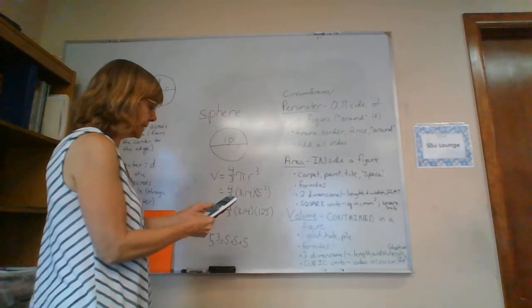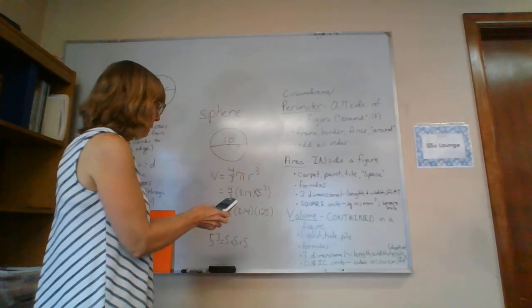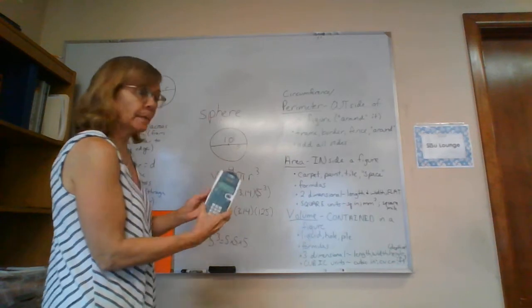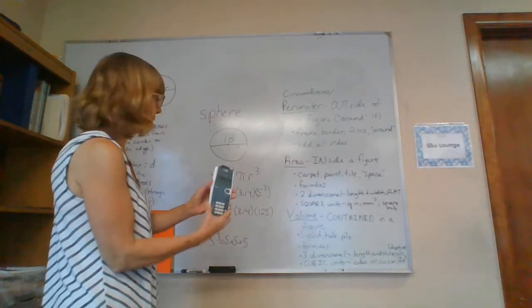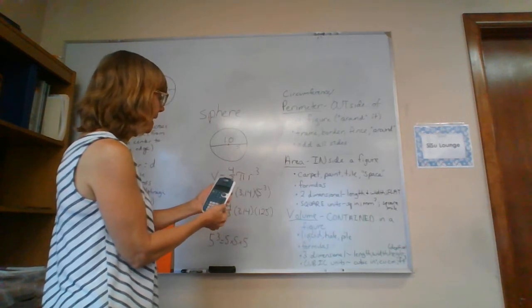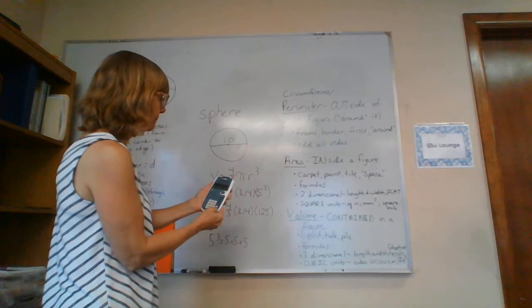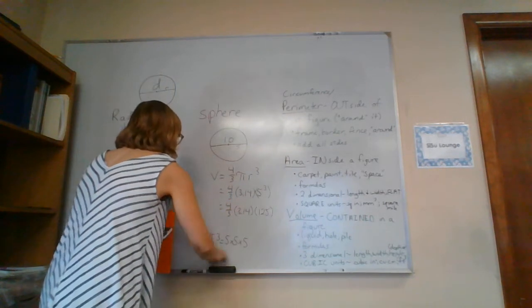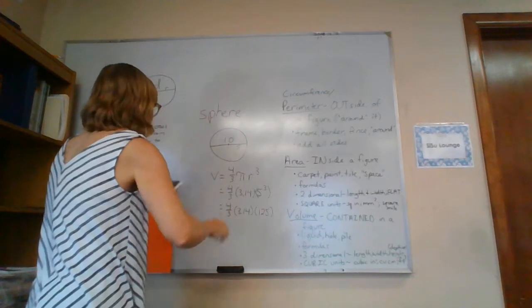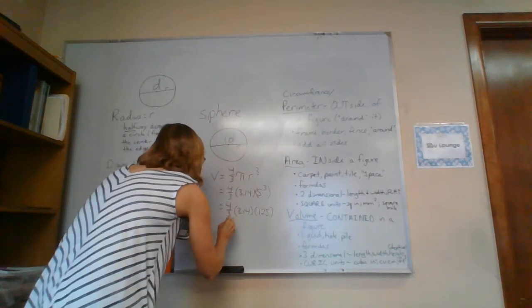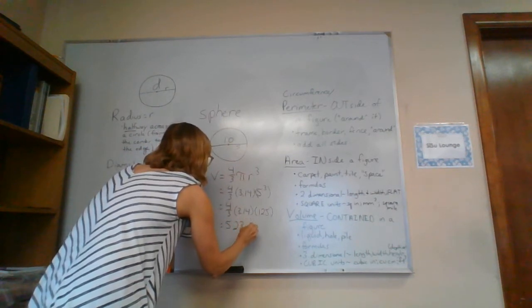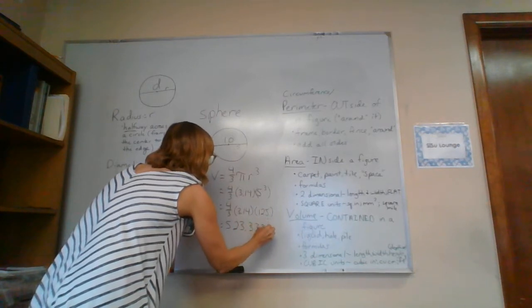So now let's plug all this into my calculator. 4/3, I've actually done the fraction, numerator, denominator, 4/3 times 3.14 times 125, and it equals, let me write this down here, 523 point, and you'd see it goes 3, 3, 3, and so on.